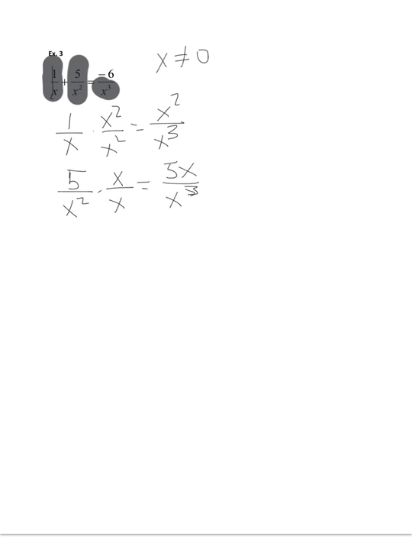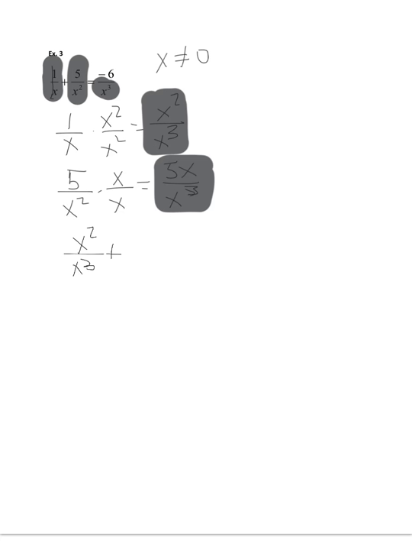Well, I now can rewrite this new equation with my two new terms that now have the common denominator of x cubed, and I'll have a new equation of x squared over x cubed plus 5x over x cubed equals negative 6 over x cubed.